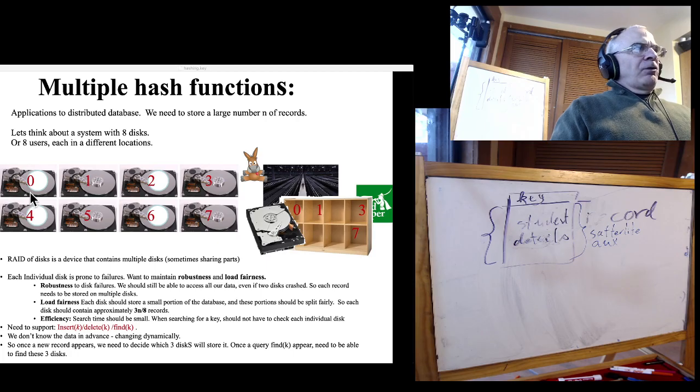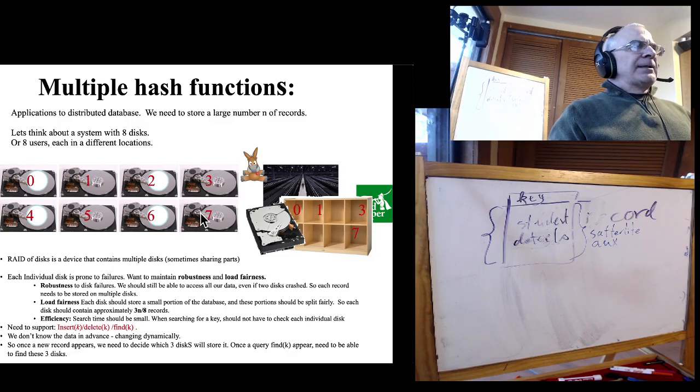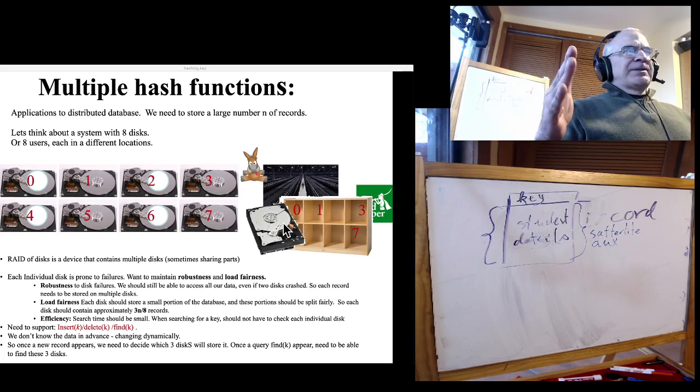We have a set of, let's say, 8 hard drives, sorry, plural. Maybe they are separated, maybe they each sit on one of the users, and there are 8 different users or n different computing centers. Maybe they are all sitting inside such a device called a RAID, which is a set of several disks put together.